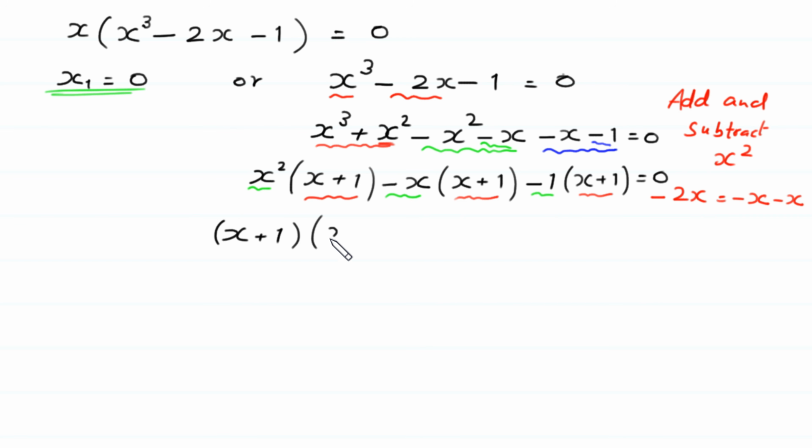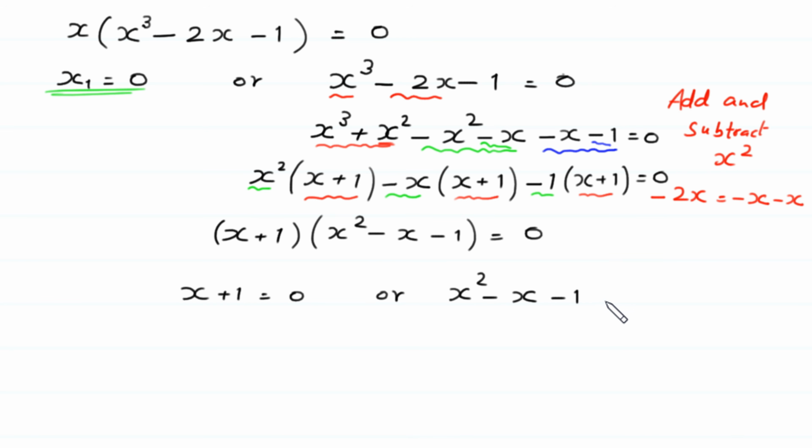In bracket left x squared minus x minus 1 is equal to 0. Now from here, either this expression x plus 1 is equal to 0, or this expression x squared minus x minus 1 is equal to 0.